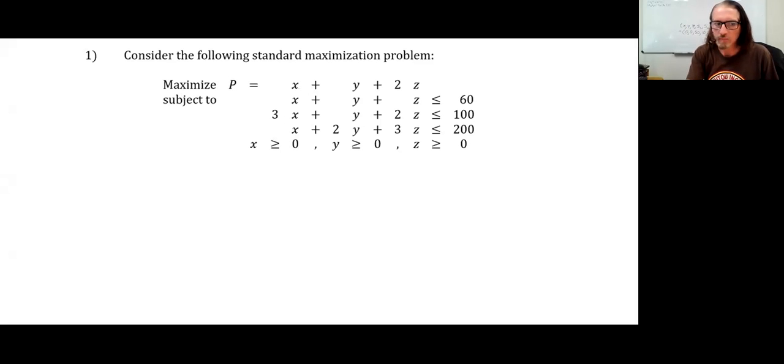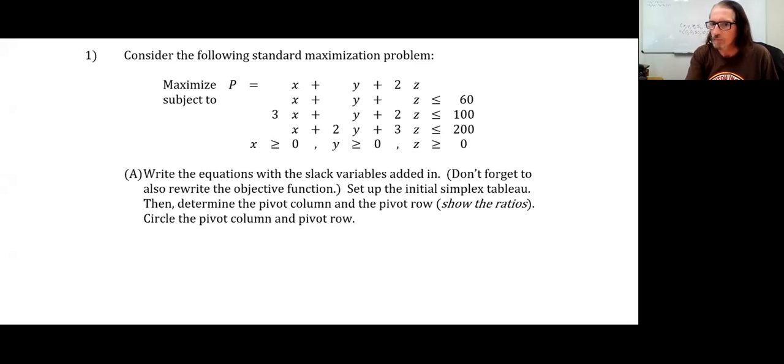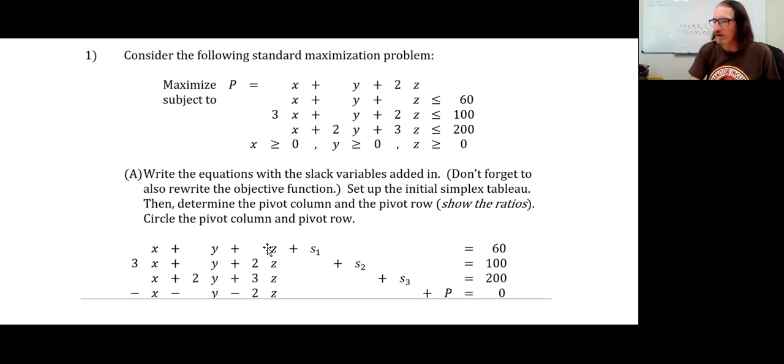But also, we can see that 50 plus 10 will give us a 60. We've got some surplus of 10, whatever that first constraint stood for.